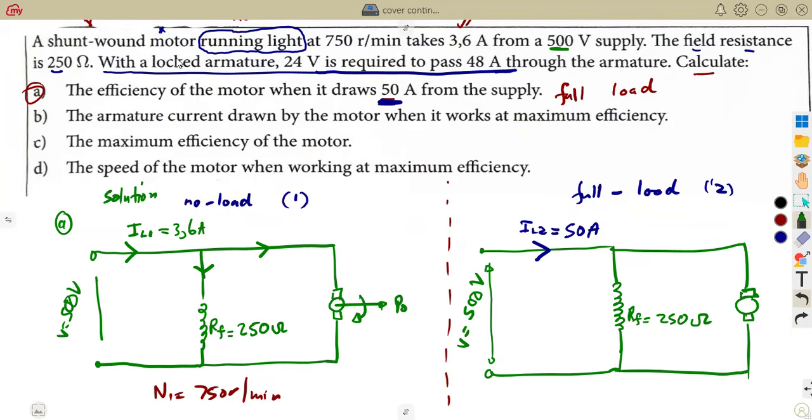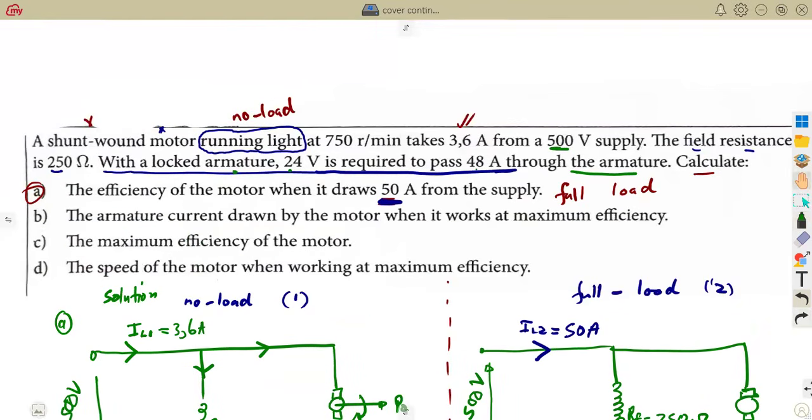Okay, so when a locked armature, 24 volts is required to pass 48 amperes through the armature. These conditions for the locked armature can help us to find the resistance of the armature circuit.